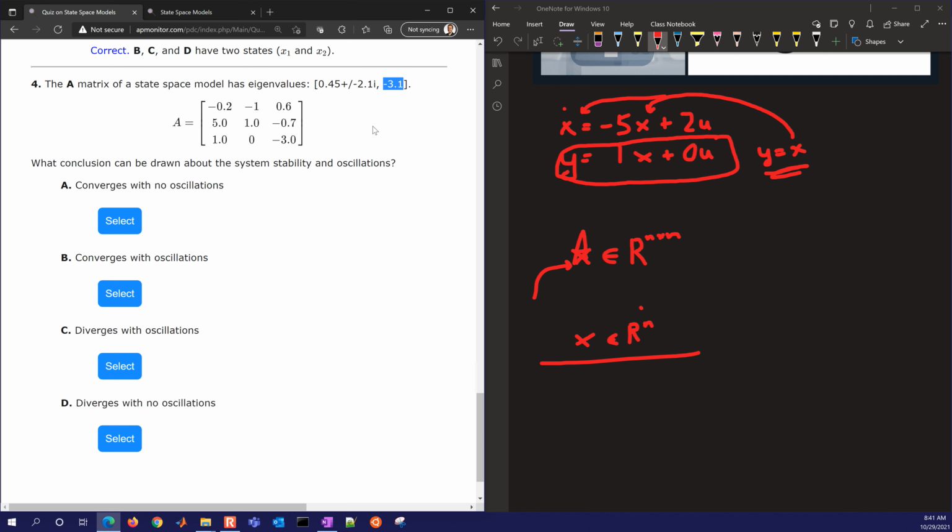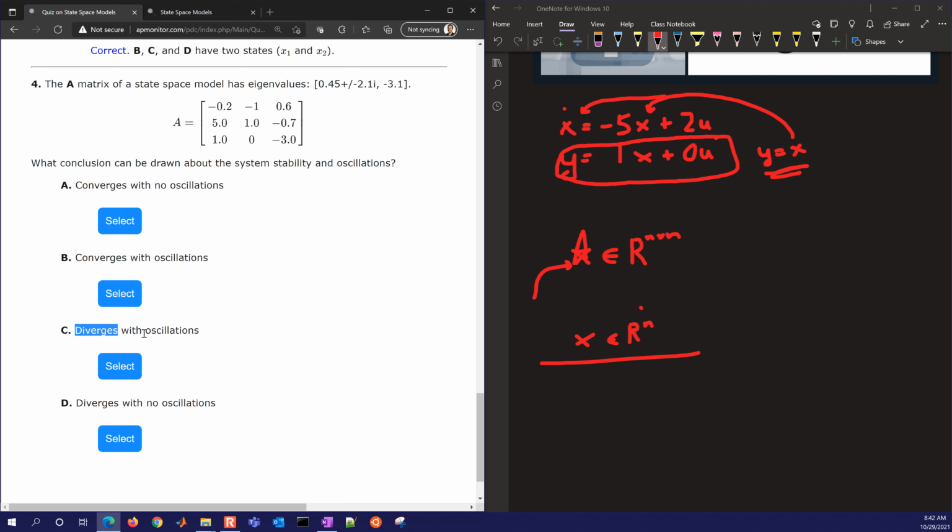What we look for with stability of these systems when they're in state space form is if any of the real numbers are positive. In this case we do have at least one root, in this case two roots with a positive real number, so we know that the first part of this is that it's going to diverge.